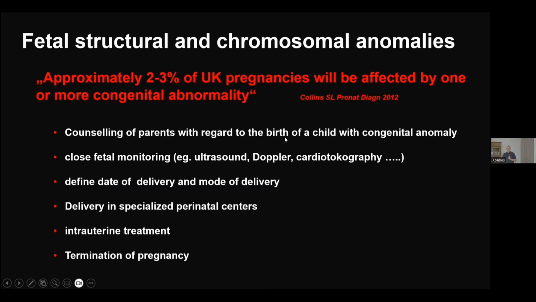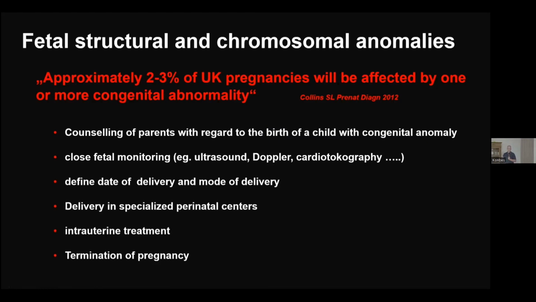So we would like to avoid unnecessary C-section, and we would like to optimize the route of birth. And we would like to optimize also delivery of these fetuses in the best centers of excellence to have a good survival rate. Or in severe cases, we decide also on termination of pregnancies.